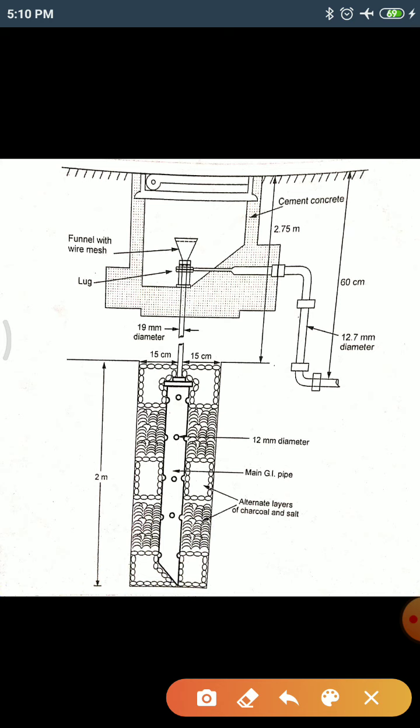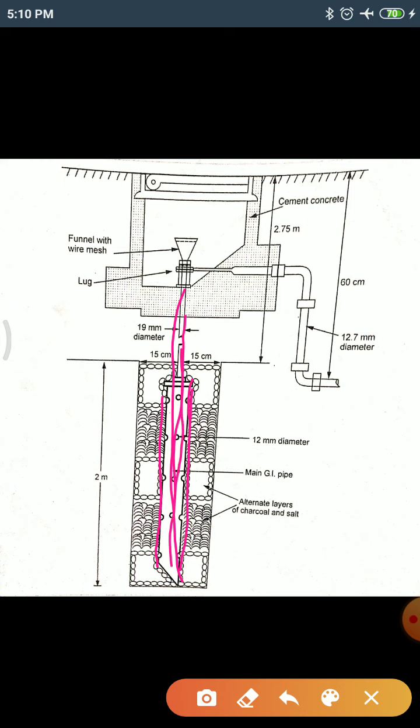In this, a GI pipe of 38 mm diameter and 2 meter length is embedded vertically into the ground. This pipe acts as an earth electrode. The depth depends on the condition of the soil. The earth wires are placed inside this.